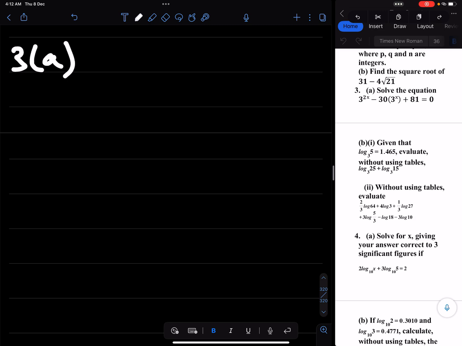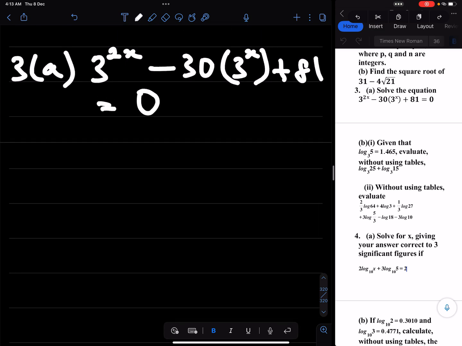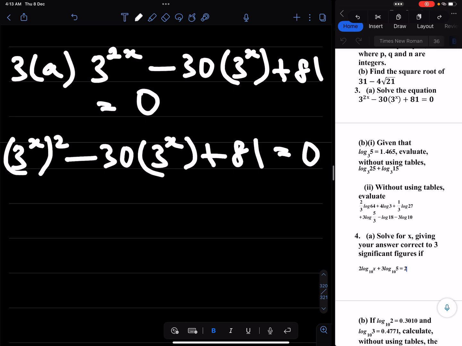Solve the equation 3 raised to the power 2x minus 30 times 3 raised to the power x plus 81 equals 0. Now we can write 3 raised to the power 2x as the square of 3 raised to the power x, and that's minus 30 into bracket 3 raised to the power x plus 81 equals 0.